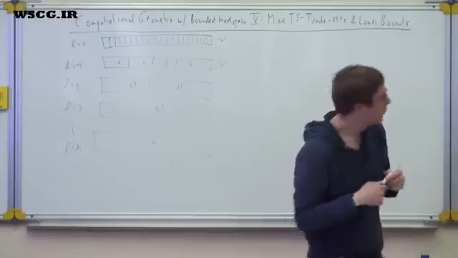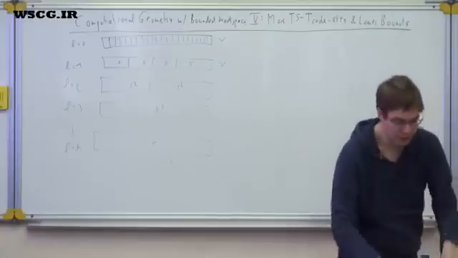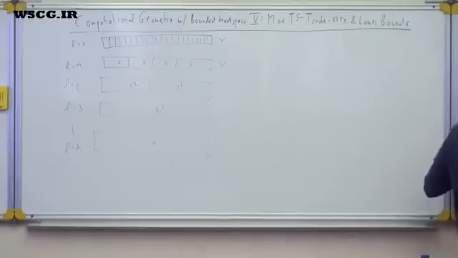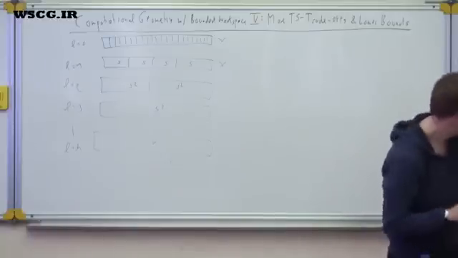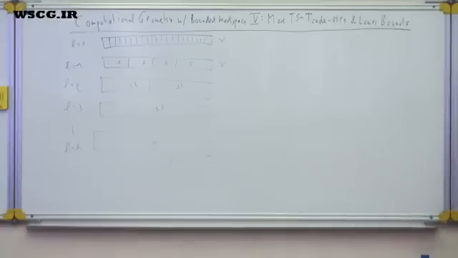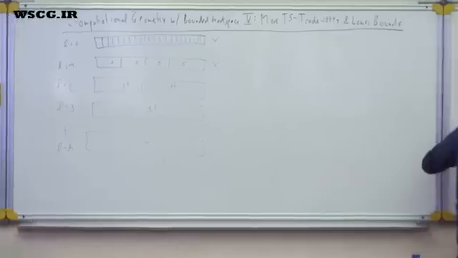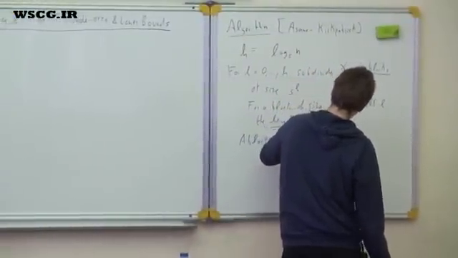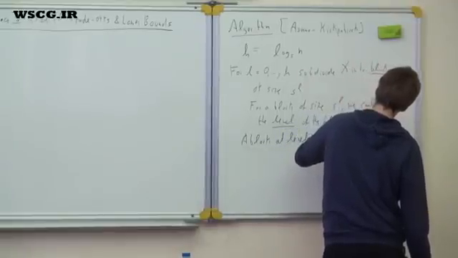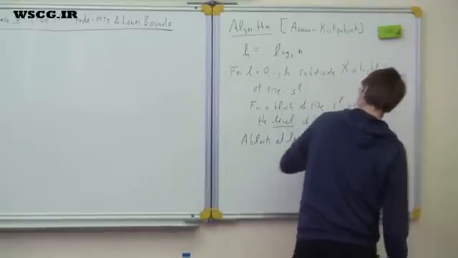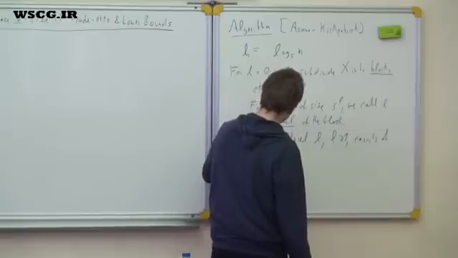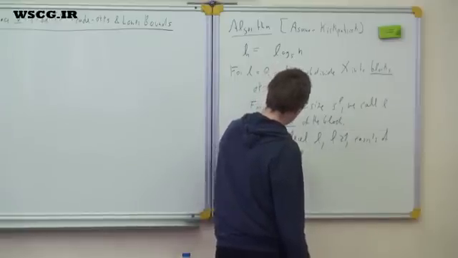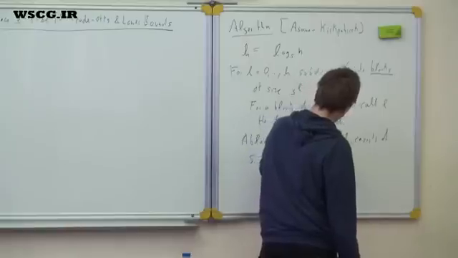Then one more piece of vocabulary that we need: a block at level L, for L at least 1, consists of s subblocks at level L minus 1.